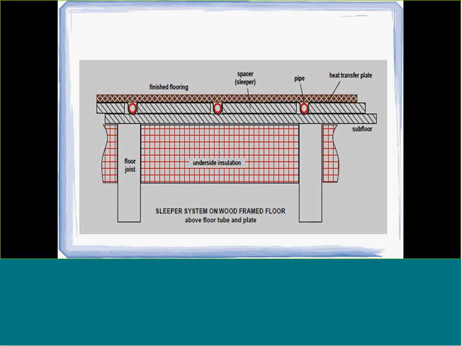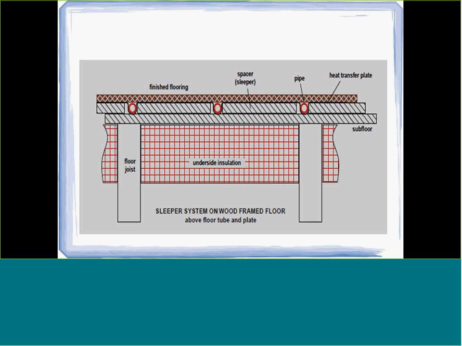This is an example of a sleeper system using plates, and this is a less expensive way than gypcrete. A lot of times with the gypsum overpour, it's hard to find someone to come in and do small areas.